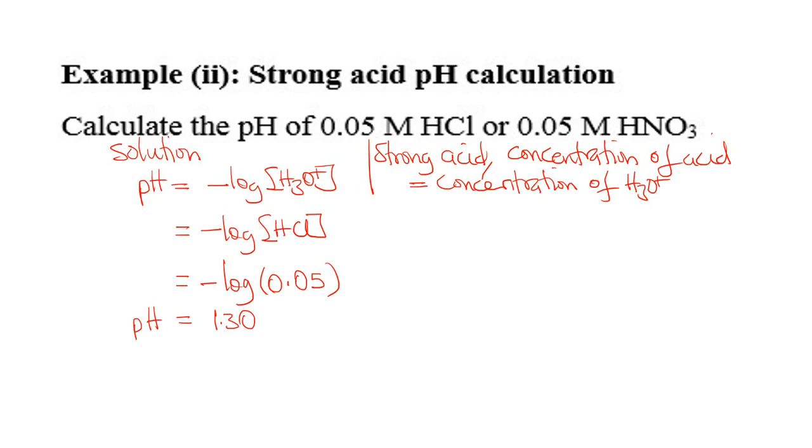Now, how do you solve a similar problem, but now you are given a base instead of an acid? You are given a strong base and you want to determine the pH of that strong base. So remember, we are determining pH.